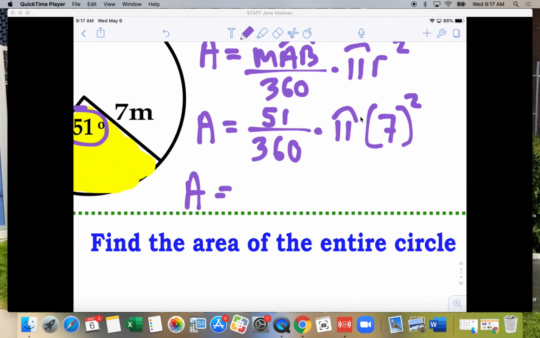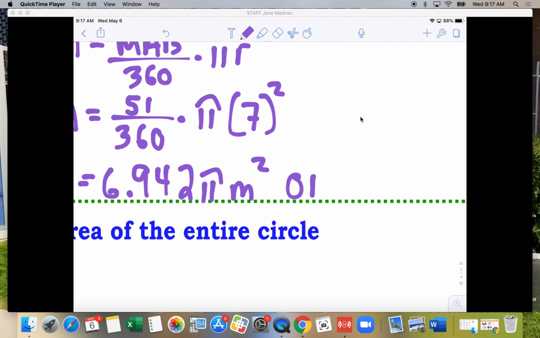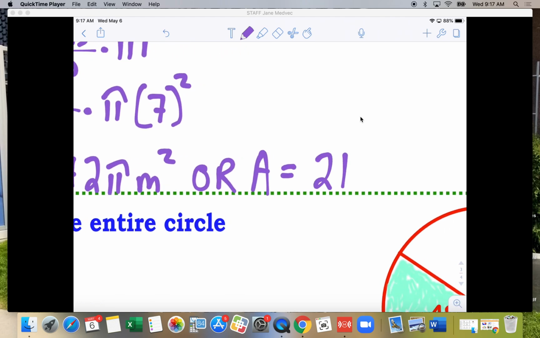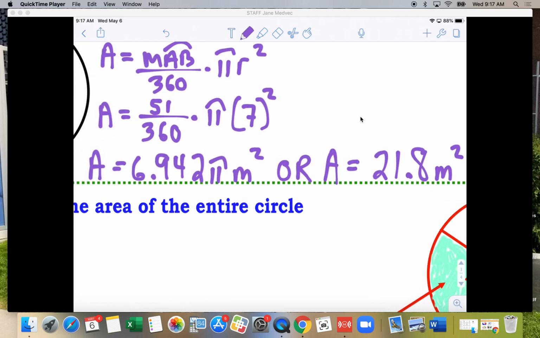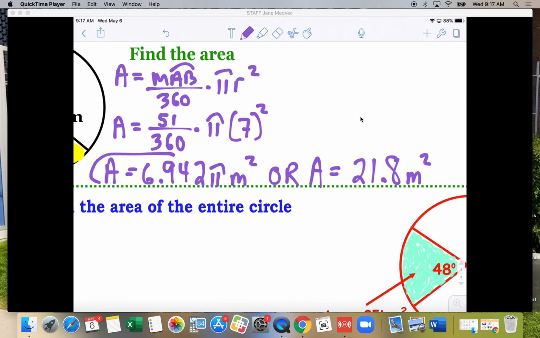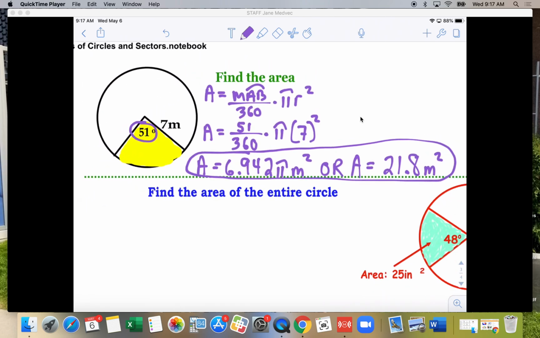If you bring it through, you get 6.942 pi, and it would be meters squared, or area equals 21.8 meters squared. So again, it's really important that you plug that through your calculator. Make sure you know how to use that calculator. All right, so that's finding the area of the smaller section.